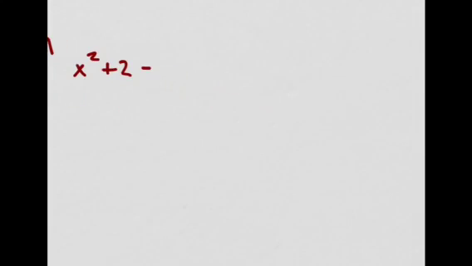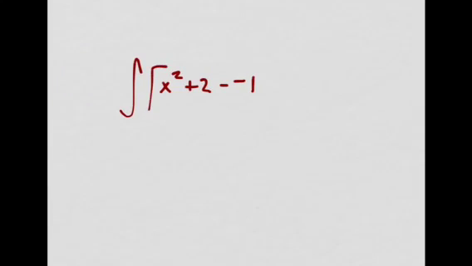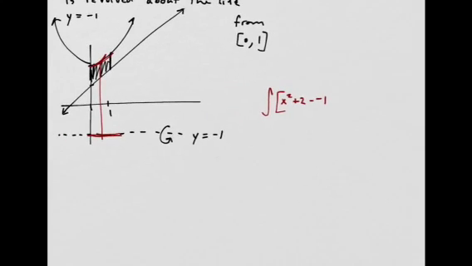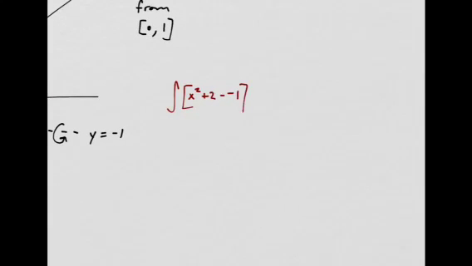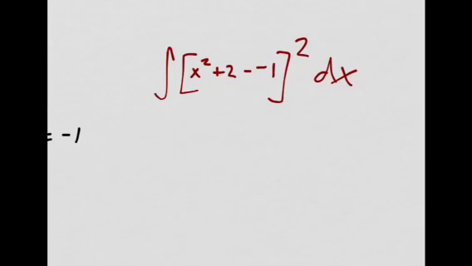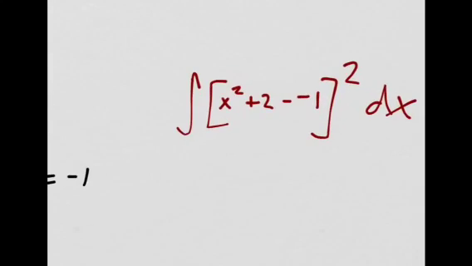That's the radius of the large solid, and later we'll subtract away the volume from the inside solid. We square that in terms of x, dx, from 0 to 1.